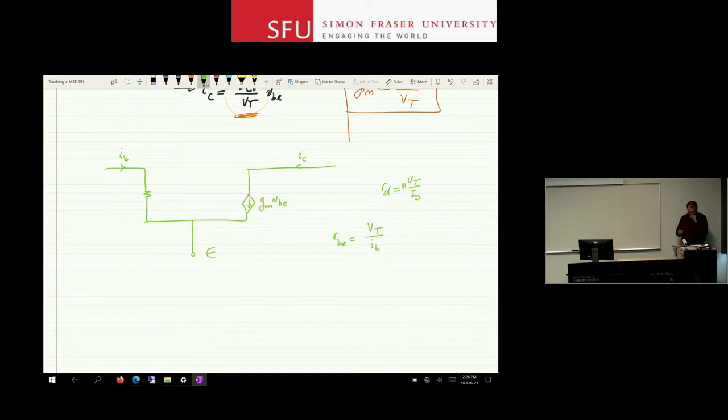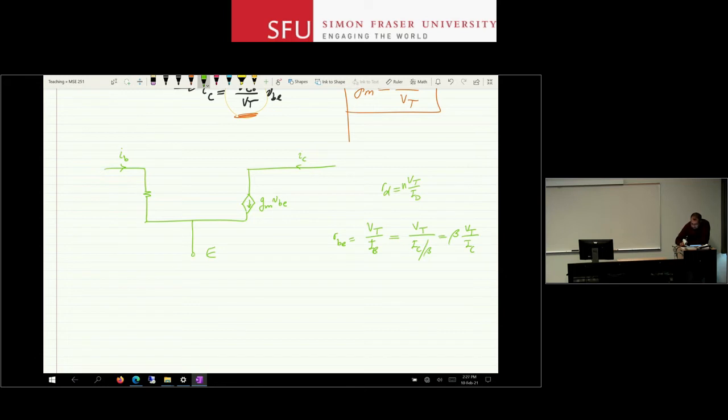Okay? Sorry, IB is the DC current, right? The DC base current. Well, okay, if I go back and use my equations, I know it's VT over IC divided by beta, right? IB was beta times smaller. So this is just beta VT over IC, okay?